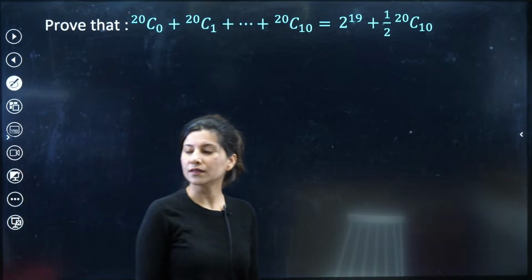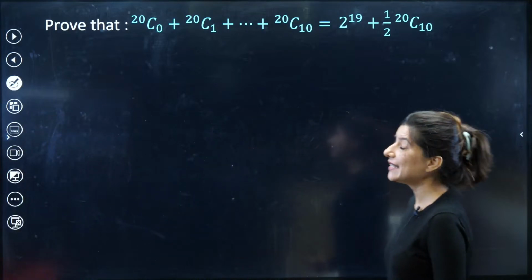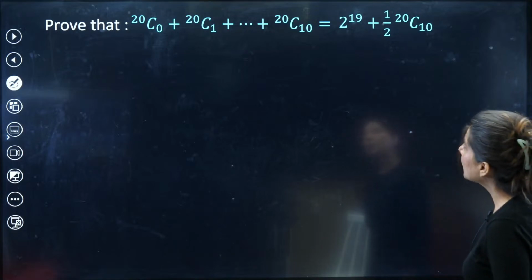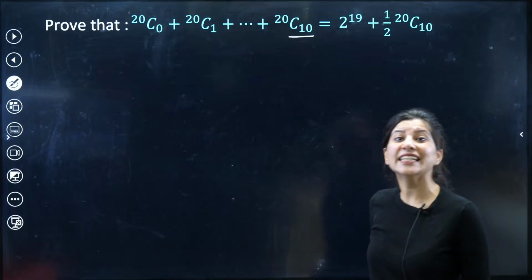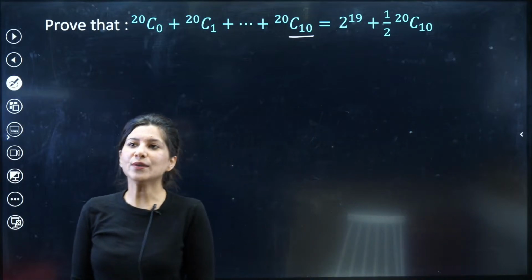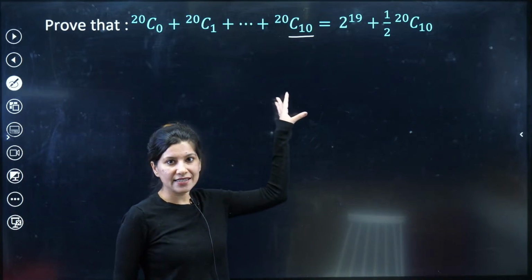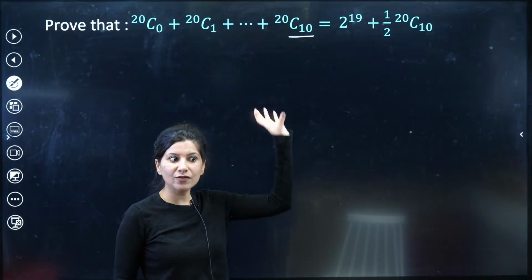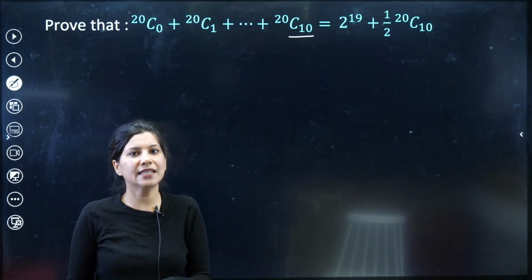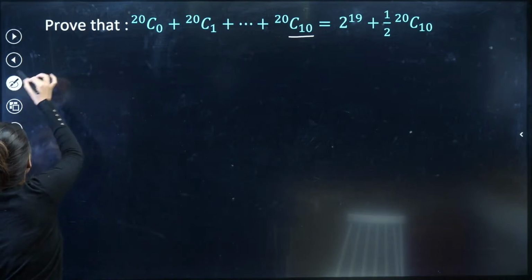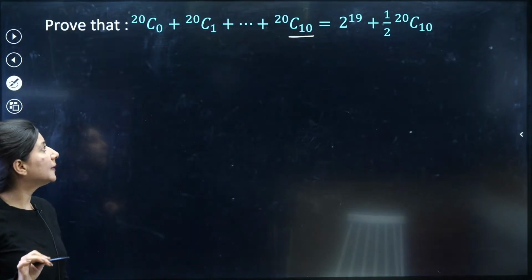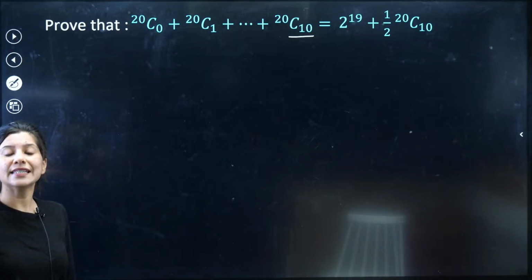Again, 20C0 plus 20C1 plus 20C2 and all the way up to 20C10. Can you see still the series is incomplete? Whenever you see some incomplete series and you have to answer what is the value of this incomplete series, what should you do? You need to clearly write down the complete series which you know.